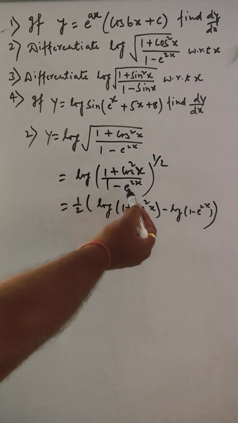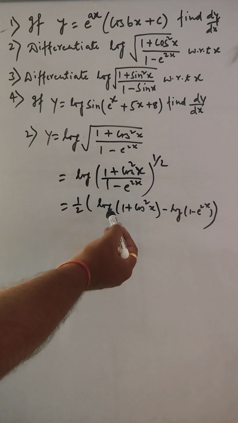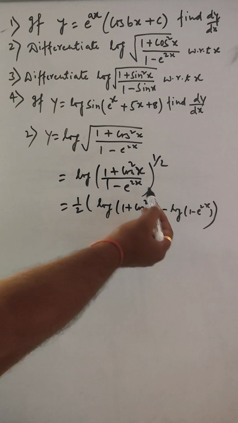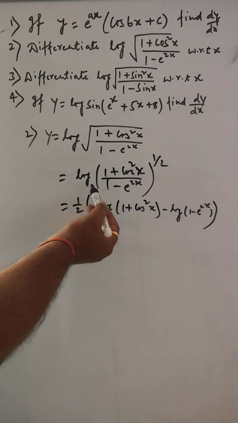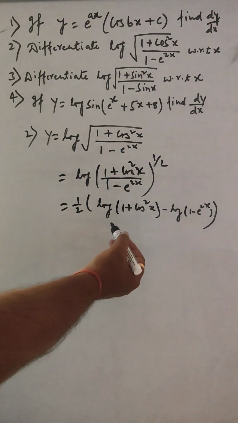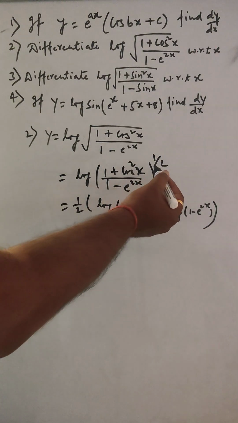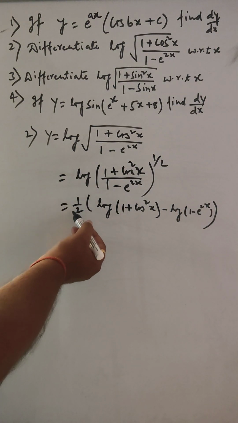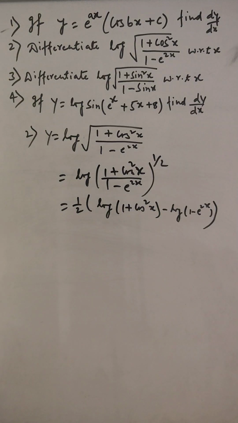So when we separate it out, the minus sign will come, your numerator is different and denominator is separated. So numerator and denominator we have separated, and the power which is outside, 1/2, we took out. This is the log property.